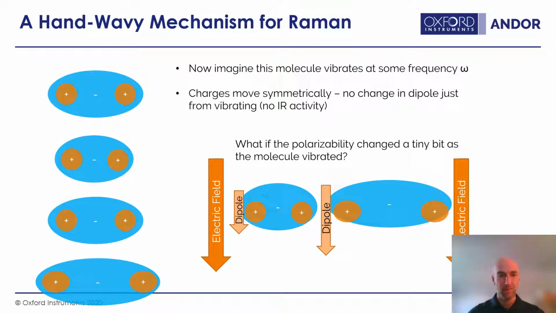Well, we could imagine, hand-wavily again, that here the electrons are squished right up against the nuclei. Here there's a more diffuse zone in the middle, so it might be a bit easier to pull this apart. So if we were to apply an electric field in this direction, we might form a little bit more of a dipole at this moment than at this moment. Okay, well, maybe you'll go along with that for the purposes of argument.